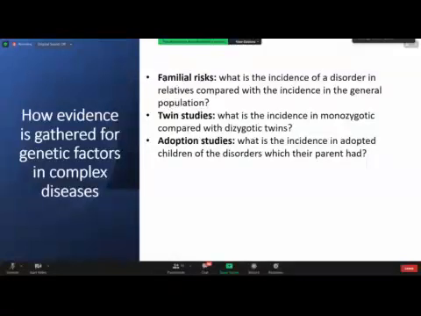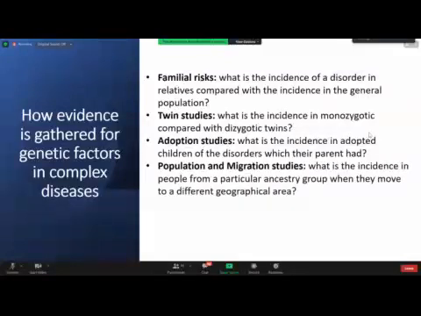So these all things. Okay, and then we have population or the migration studies. Again, the population studies also tell us what is the risk in the population, and also migration से हमें environment का पता चलता है.